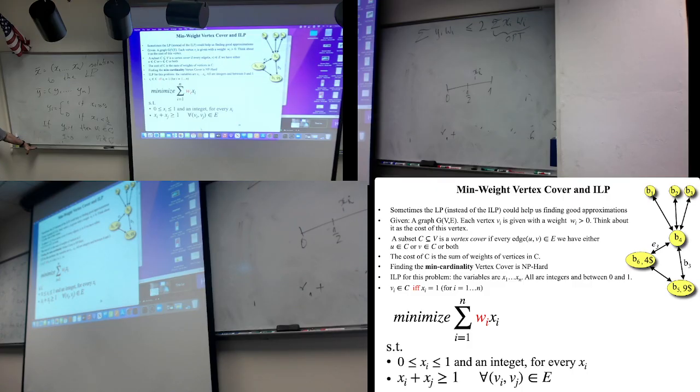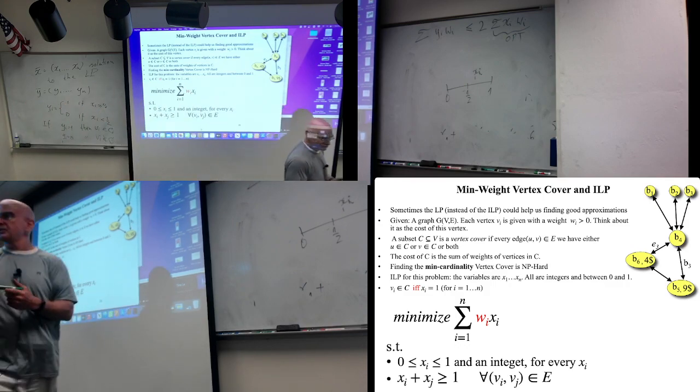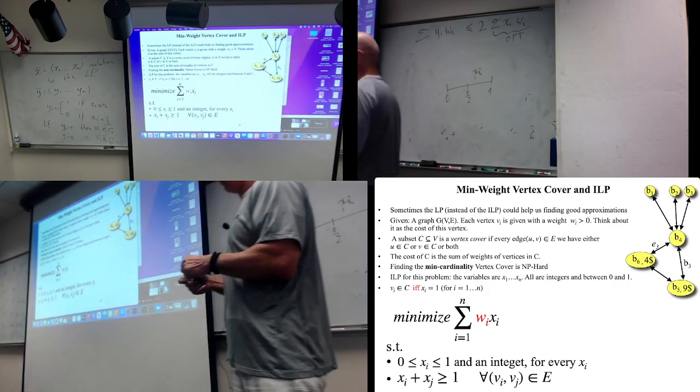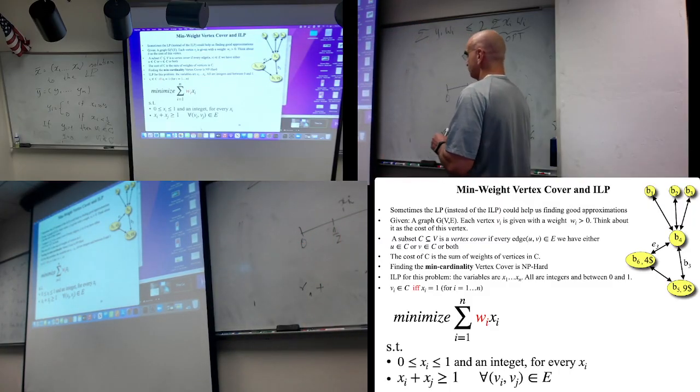When xi is over 1.5, then yi is 1. Then it means that the vertex vi is in the cover. So the solution should also be the solution of the vertex cover. Right, but how do I know that there are no edges that I missed? How do I know that every edge was hit by one of these vertices?